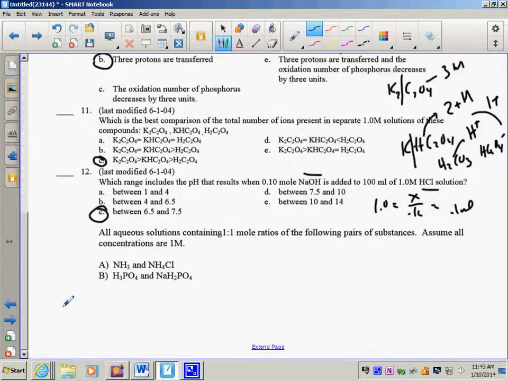I should have hit enter here a couple times to move this down. Here we have a weak base, weak acid, so we have a buffer. This base is stronger, so it's going to be a buffer that is basic. This is a weak acid, its conjugate. This is a buffer that is acidic. Just keep that in mind as we jump around here.